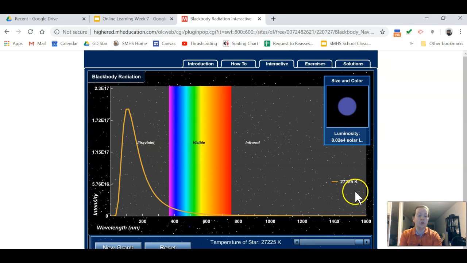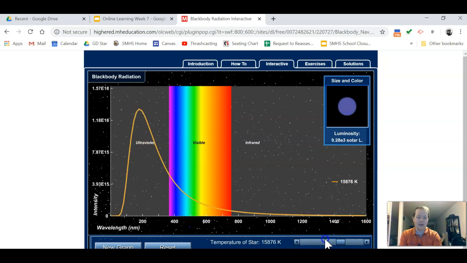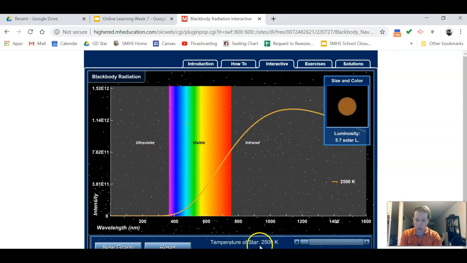And it's blue. I can make the temperature smaller, 2,000. Still hot, but smaller. That makes it red and orange. So the different color stars are coming from different temperatures.